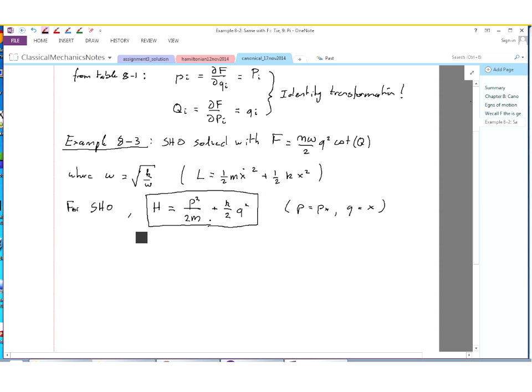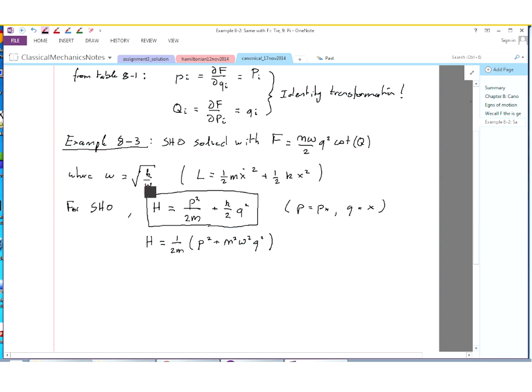Alright? Let me just, for future convenience, write this slightly differently. I'm going to factor out a 1 over 2m. So the Hamiltonian is 1 over 2m, and I have p squared plus m squared omega squared q squared.